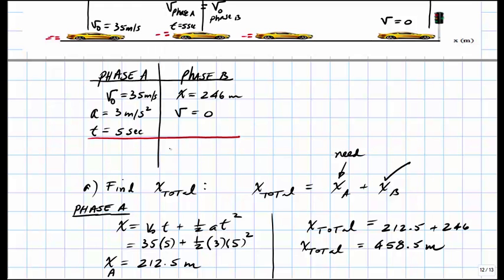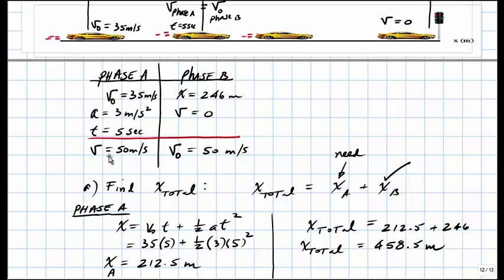So right now we know that V initial in phase B equals 50 meters per second. We also know that V final in phase A was 50 meters per second. And of course this value of V transfers into the phase B box as the initial velocity. So this is a good way of organizing our information.